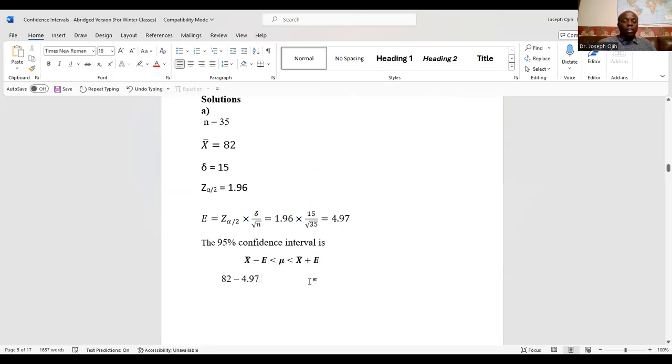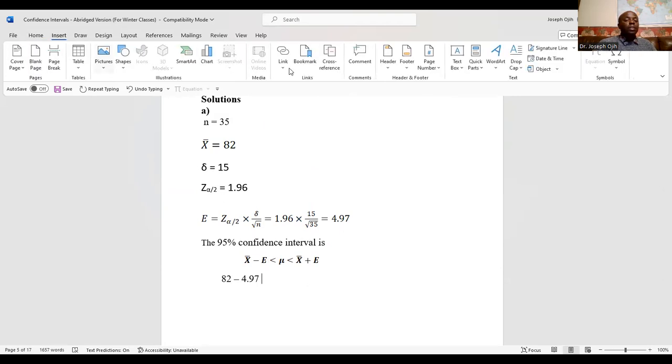Then you get this less than symbol, less than the mean. Once you get the error margin, subtract it on the left side and add it on the right side.